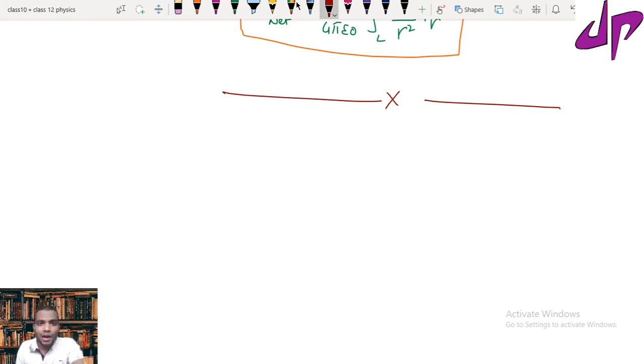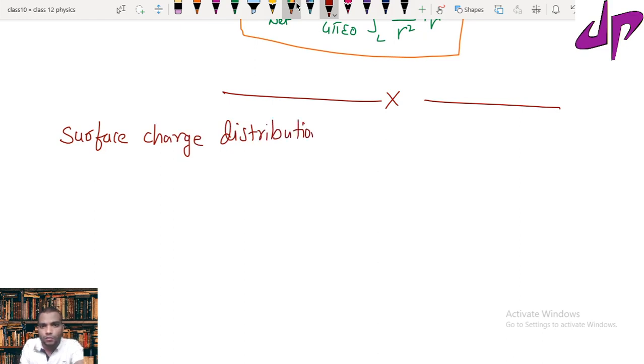Now let's see another case, that is surface charge distribution. What does it mean?